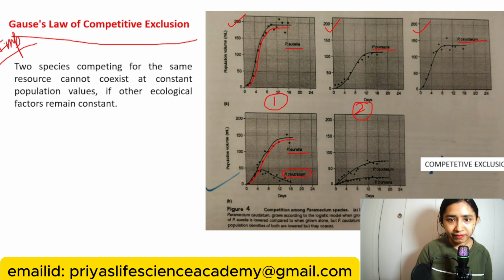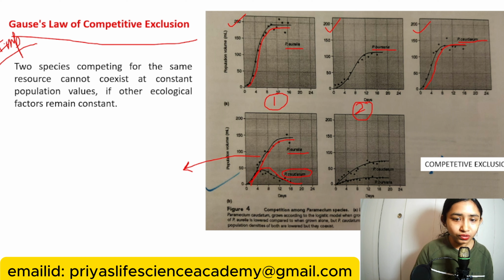Here you can see that when Paramecium caudatum was grown alone, its growth was very good, but when grown with Paramecium aurelia, its growth was reduced and it went extinct. From this we can infer that because these two protists rely on the same type of food, they can't coexist together.